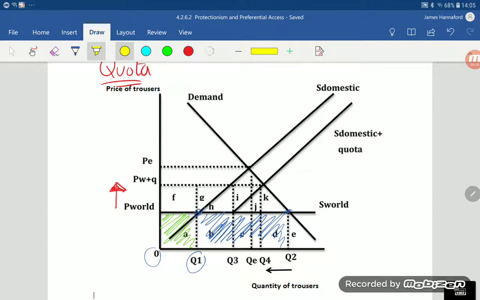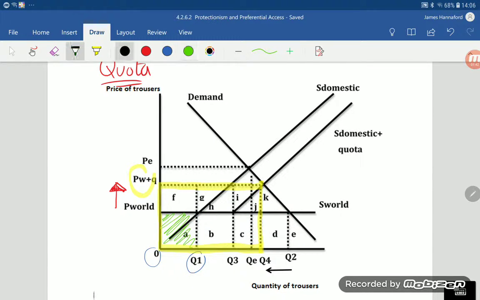So as you can see in the diagram, after the quota was introduced, the price became higher. So in total, the quantity demanded became Q4. So it's this area we need to explore and see what's happened. Who is providing what? Is it domestic producers or is it foreign producers?